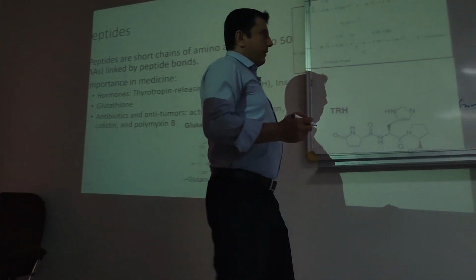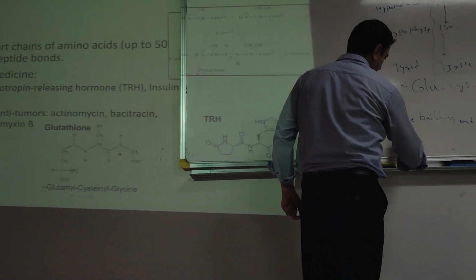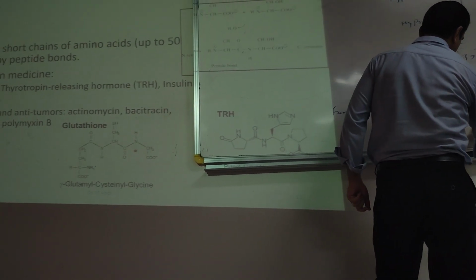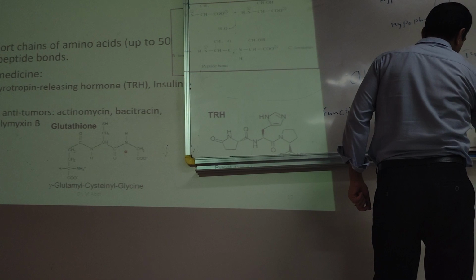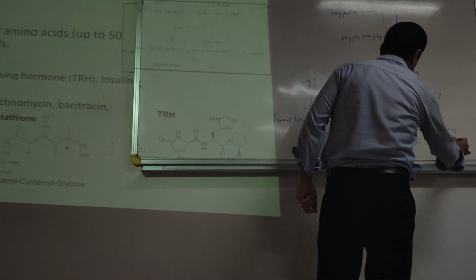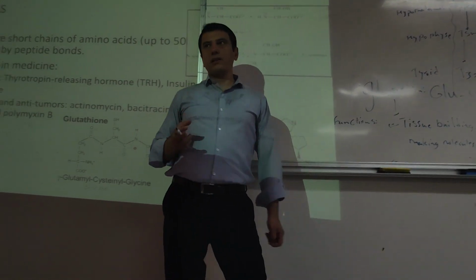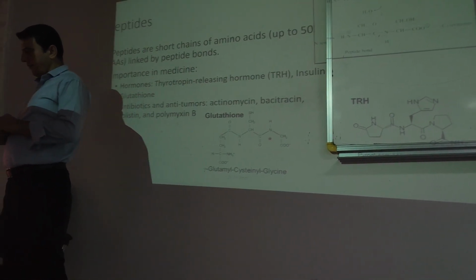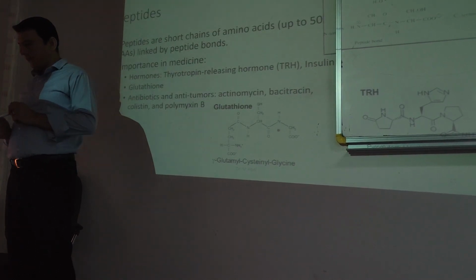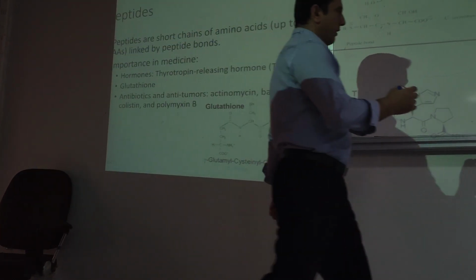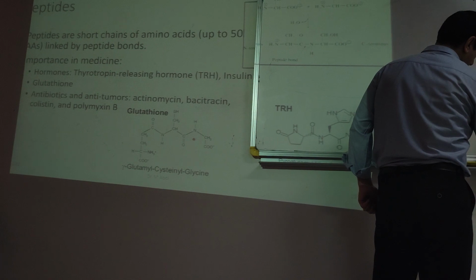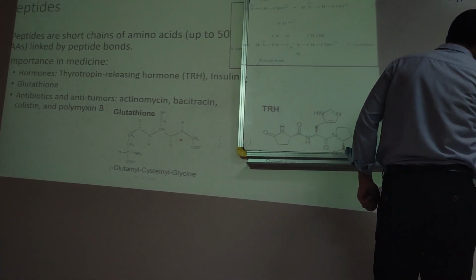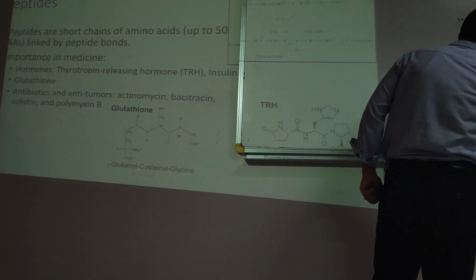The other one is making molecules and chemicals, making too many molecules and chemicals needed for our body. And the last one is immune system function.